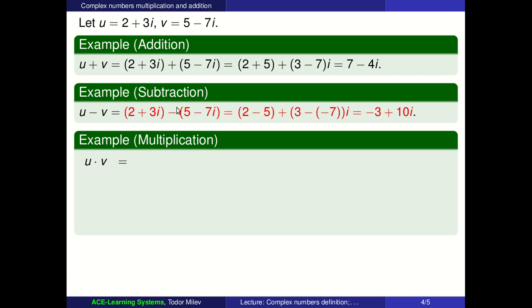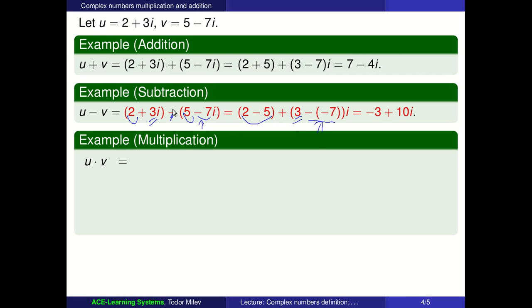Indeed, when I subtract these two numbers, 2 minus 5 is here, and 3 minus negative 7 is here.